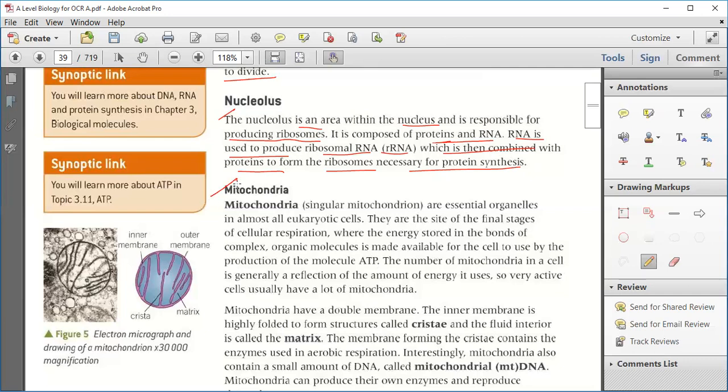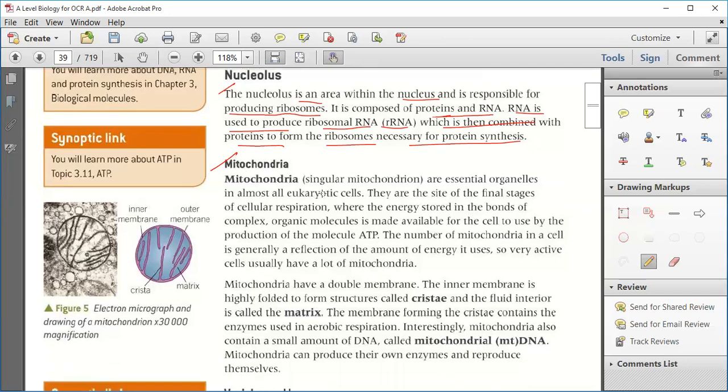Okay. Now we will see mitochondria. Mitochondria, singular mitochondrion, is an essential organelle in all of the eukaryotic cells.